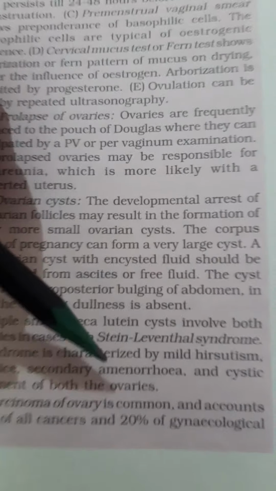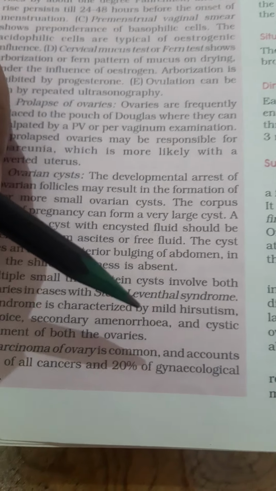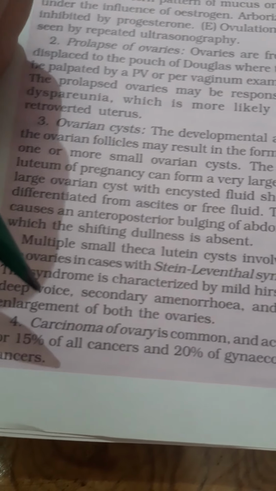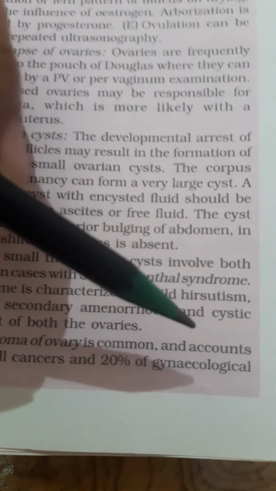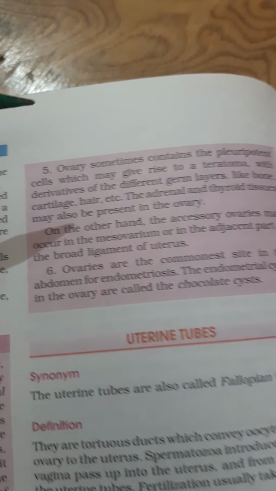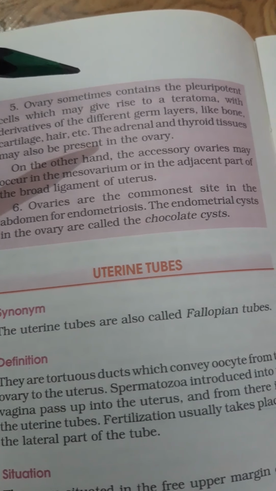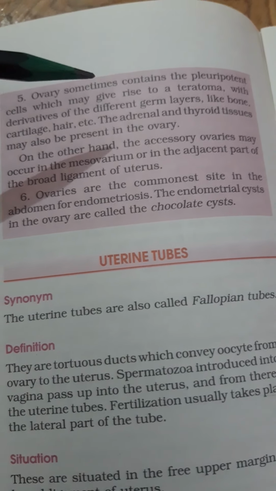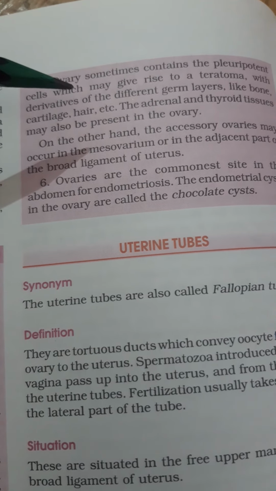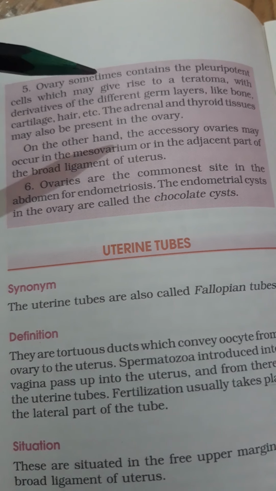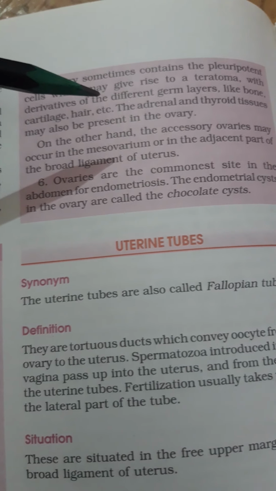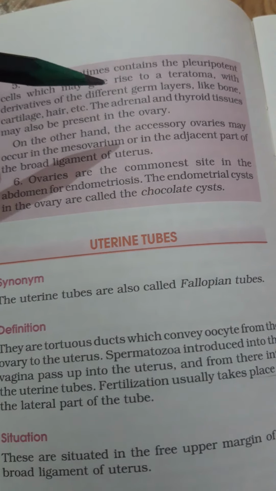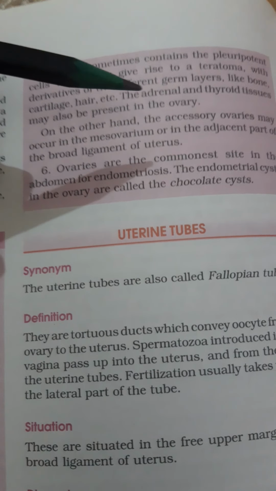Then comes carcinoma. Carcinoma of the ovary is very common. Ovaries sometimes contain pluripotent cells which may give rise to teratomas, with derivatives of different germ layers like bone, cartilage, hair, etc. Adrenal and thyroid tissues may also be present in the ovaries.